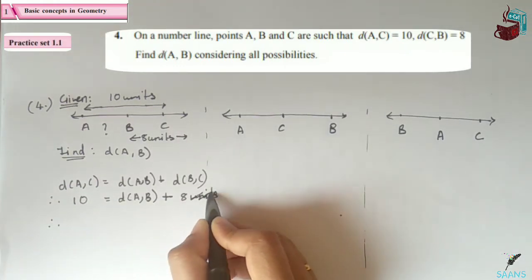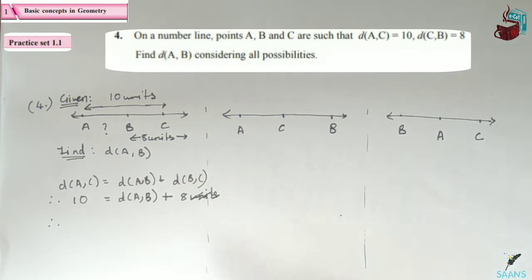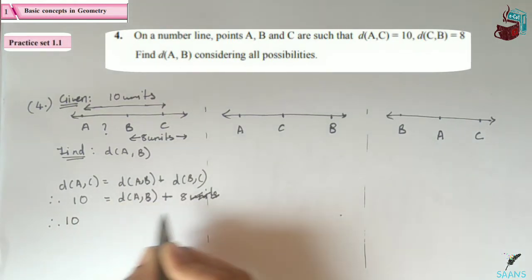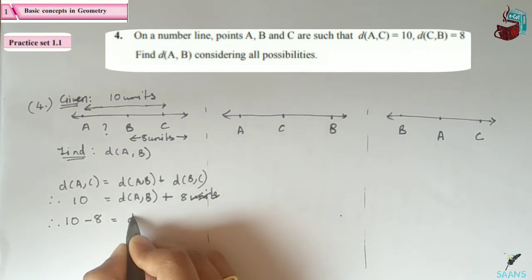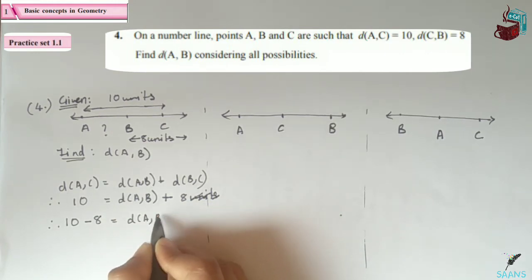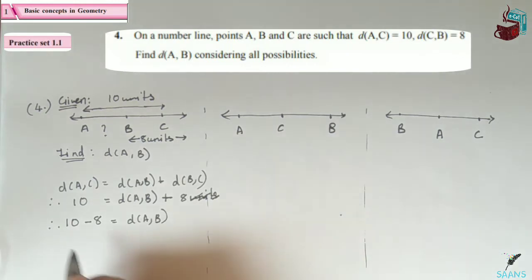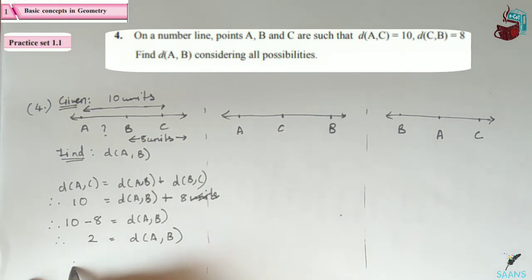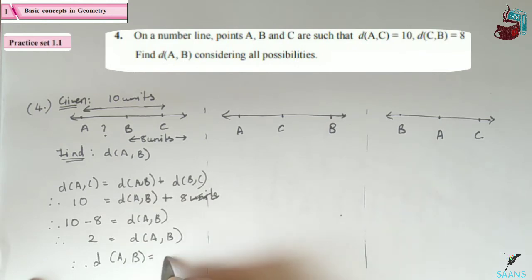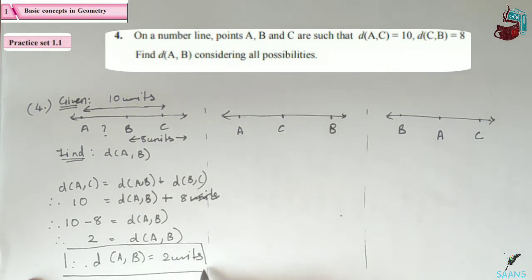There is no need to write units here. So 10 remains as it is, 8 jumps over and becomes minus 8. Therefore distance AB is 10 minus 8, which is 2 units. Therefore distance AB is 2 units. This is in the case where B is in the middle.